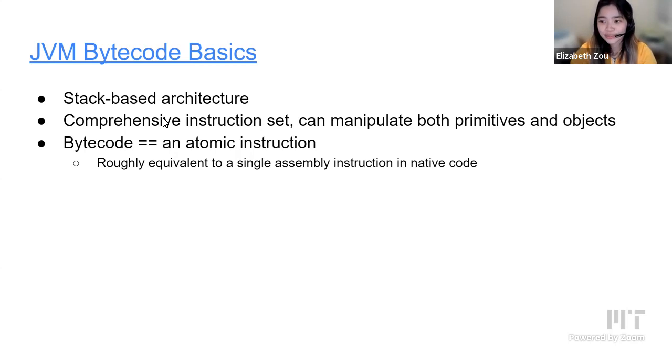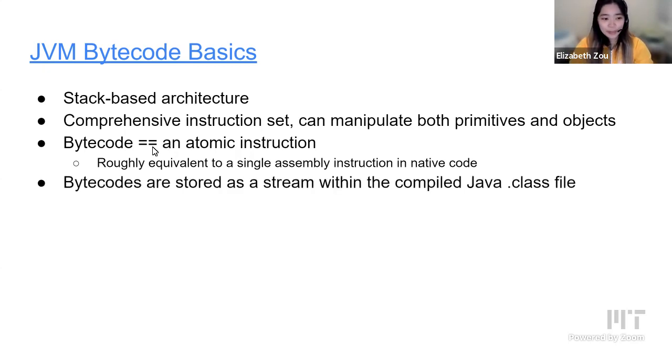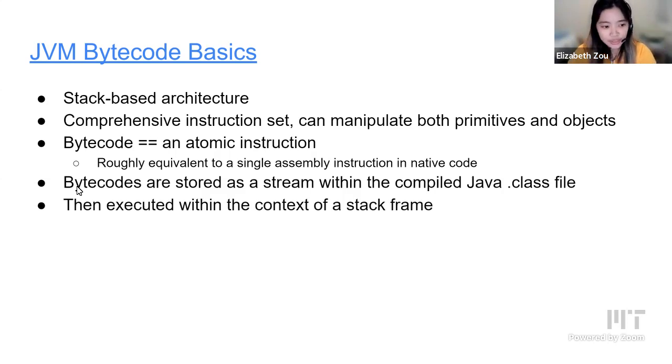Assembly is what C compiles into. Bytecodes are also stored as a stream within the compiled .class file. So you will have a stream, or a list, of bytecodes inside the .class file, which is basically the code execution we're going to go through. When it's executed, it's executed within the context of a stack frame, which I'm going to talk a little bit more about in the next slide.